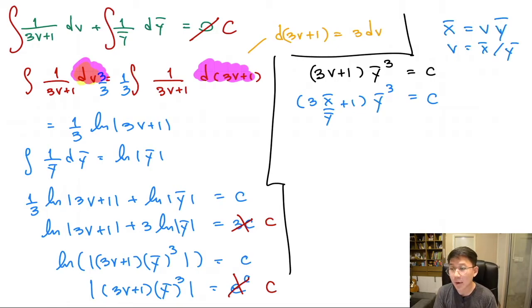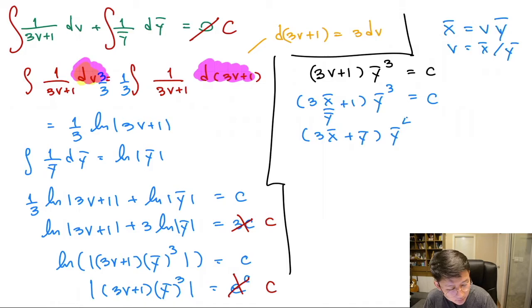Okay, and then I multiply the whole equation by y bar, to make it prettier. So what I have here is y bar to the power of 4... Sorry, you know what, I'm not doing that. Otherwise the c on the right hand side won't be c. So how about I do this?